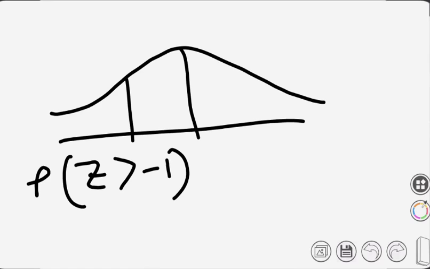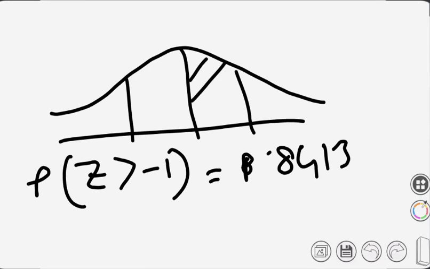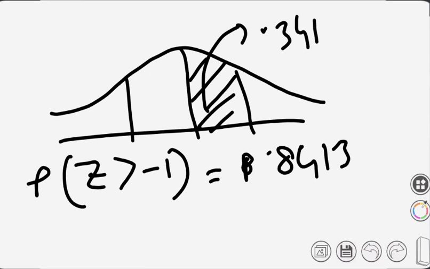is 0.8413, because in the table it is given that this area is 0.3413.